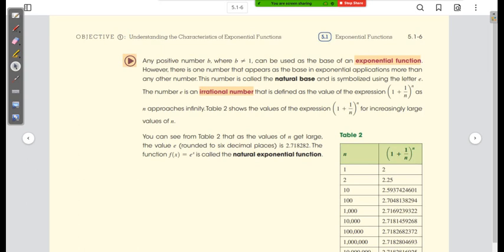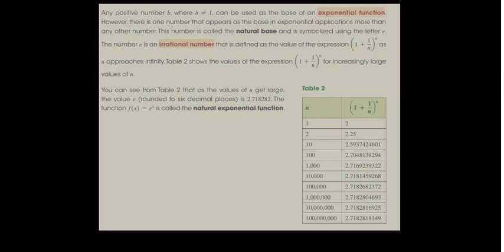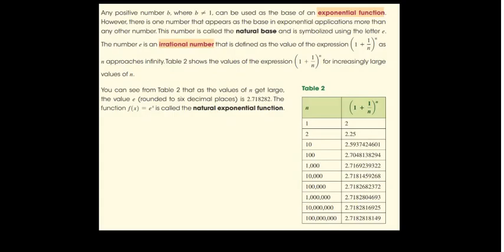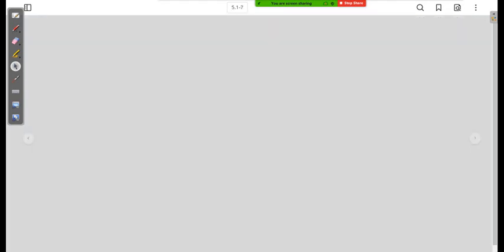Next we're going to talk about the natural exponential function. Give me a second, let me see where it says it so I don't get ahead of myself.